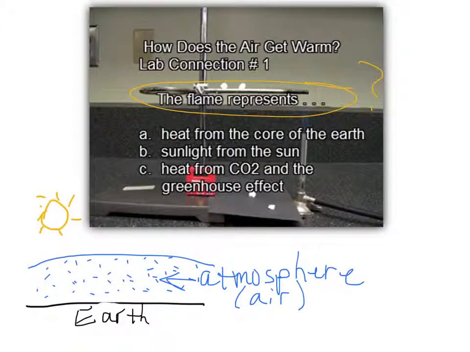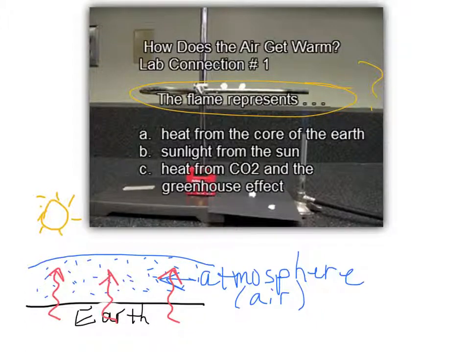Consider the drawing here down below the video. The black line represents the surface of the Earth. Obviously, the yellow ball with the lines is the sun, and the atmosphere is represented by the blue area with the dots representing the particles of the air itself. Perhaps the heat of the flame represents heat that comes out of the inside of the Earth from the core.